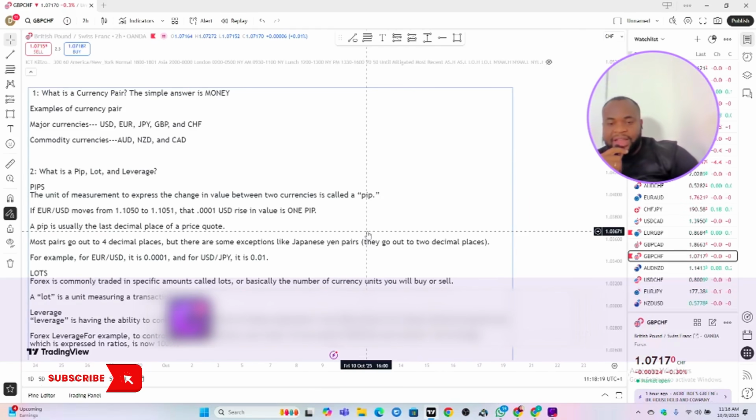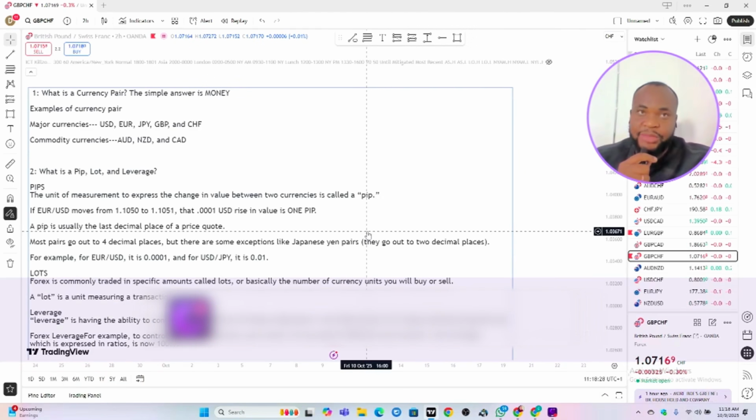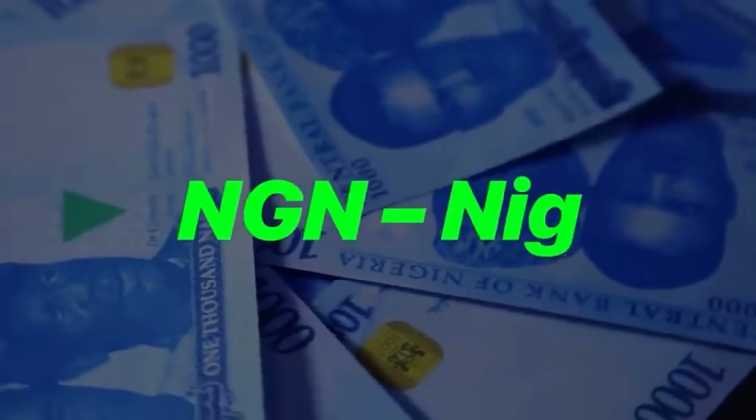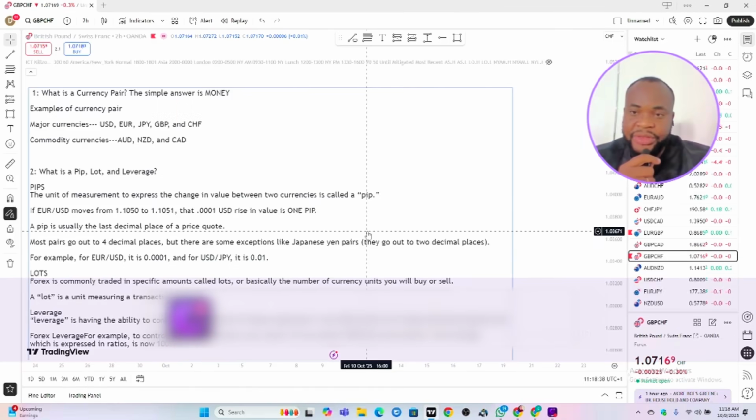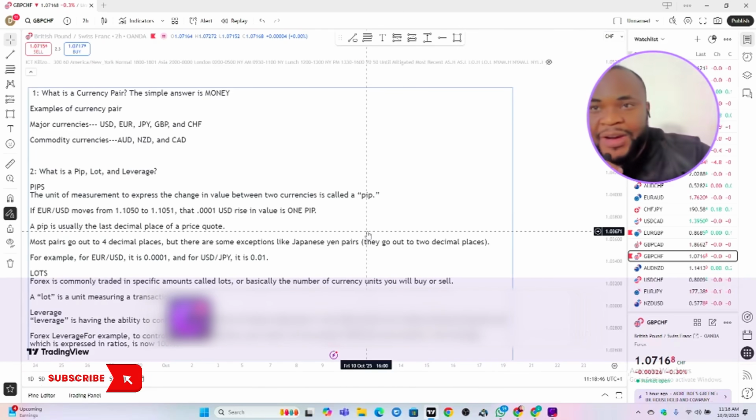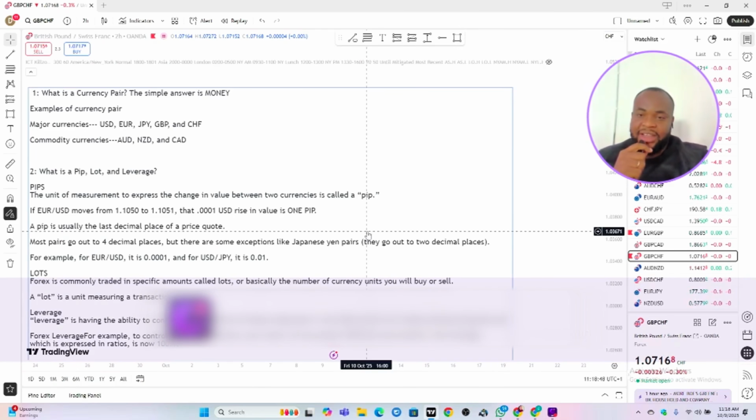So first of all, let's start with currency pairs. Currency pairs are simply money. I'm sure you know what currency is. It's just money, that's Nigerian naira, US dollar, Great British pounds, euros, and all that. But in Forex terms, it's not like physical cash per se.